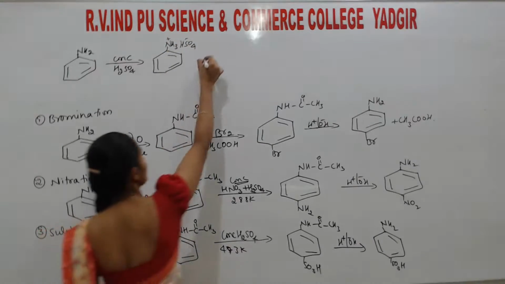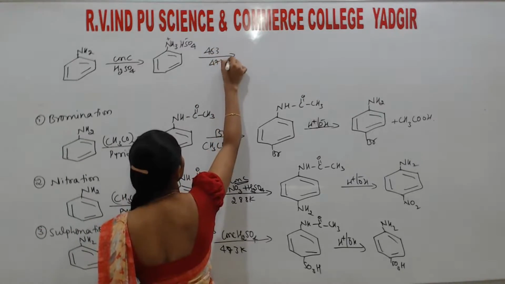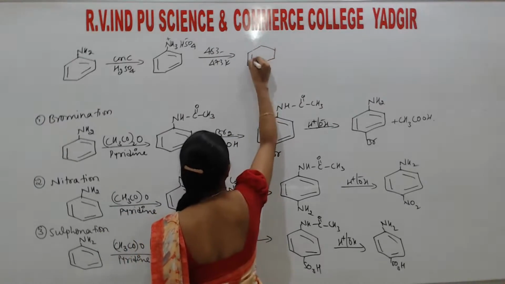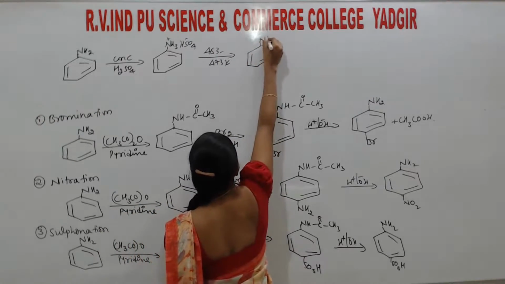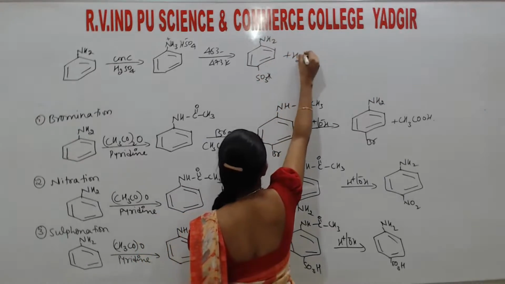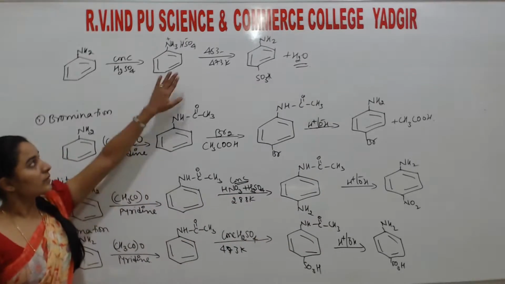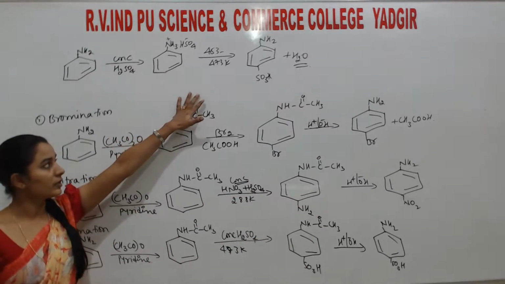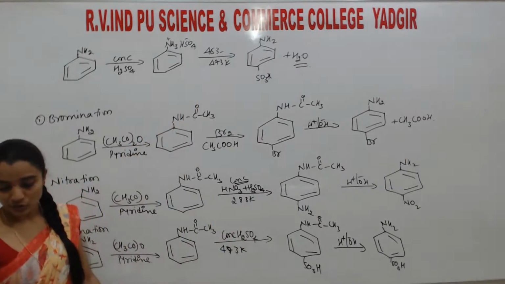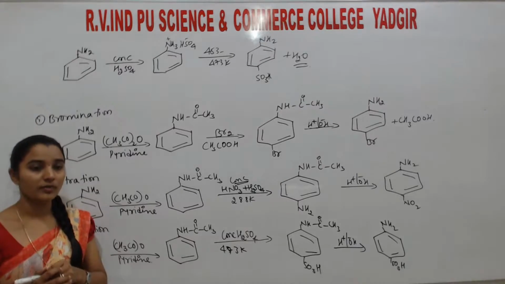So again it is heated up to 453 to 473 Kelvin. Then they form NH2 here, SO3H here. This is another one, this is also one form. Whichever way it follows, the product is the para-substituted product. So this is all about the complete reactions of aniline.